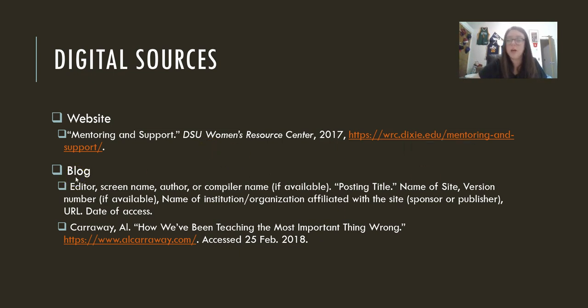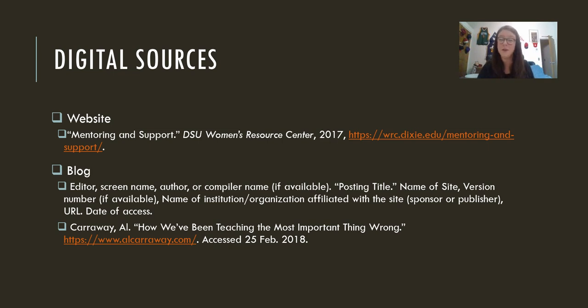Now, when we look at blogs, blogs are a little different than websites. Even though blogs are created on websites, we cite them a bit differently. So the first thing that we want to keep in mind is that we want to, of course, first try and find the editor, screen name, author, or compiler name, if available. So with blogs, you might find a person's real name, you might find a snarky screen name, you might have no name at all, and that is perfectly fine.